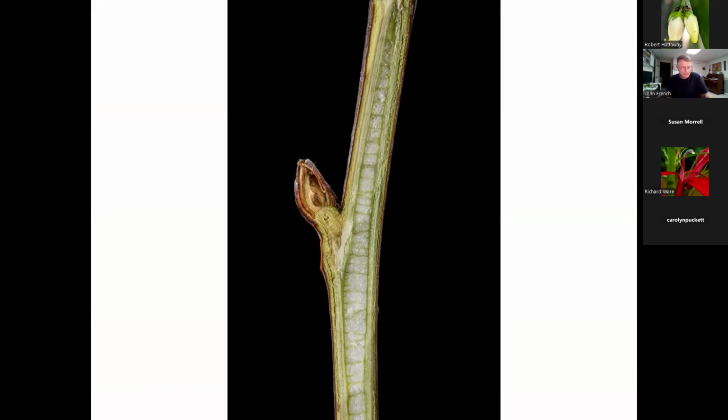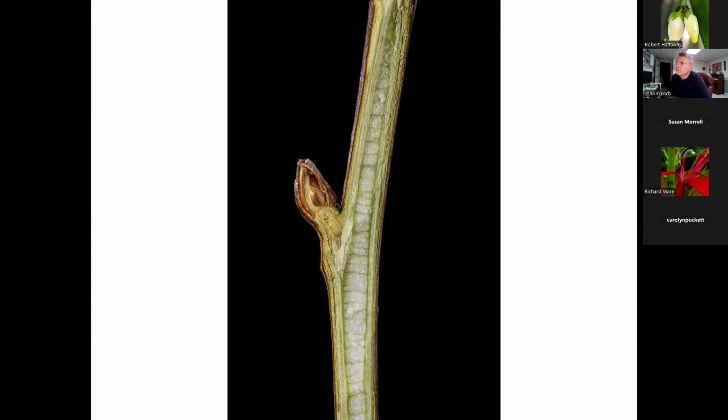So first choice: pith chambered only at the nodes, bark with warty outgrowths. That's hackberry, Celtis. Or pith chambered or diaphragmed the entire length of the twig, which you can see it is right there. The second choice is number 38. Lateral buds superposed, the uppermost bud triangular, lower leaf surface with stellate hairs at least on the midrib, fruit winged.